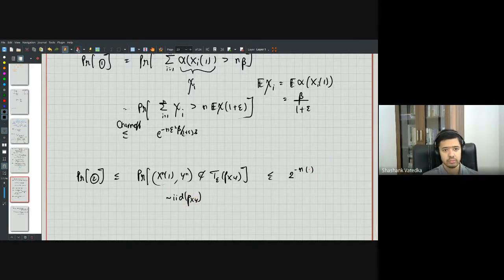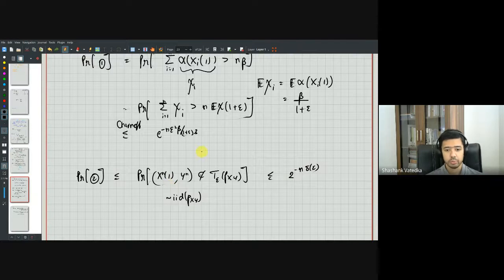So let's do it more carefully. The probability that they're not typical is not less than or equal to 2 to the minus n times H of X comma Y. It's actually e to the minus n times some delta of epsilon, because you're not looking at a specific xn. For a specific typical xn yn, the probability of the realization of that particular pair is less than or equal to 2 to the minus n times the joint entropy.